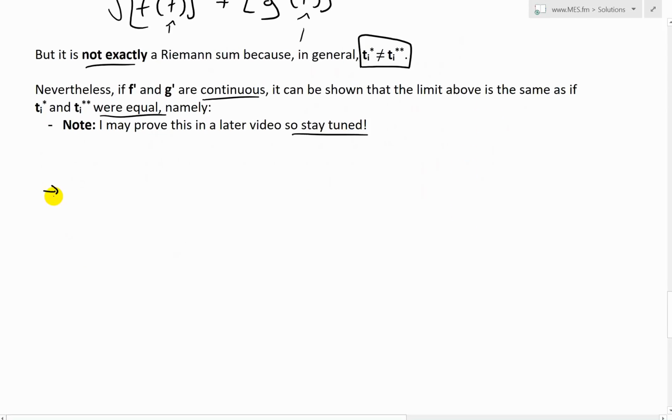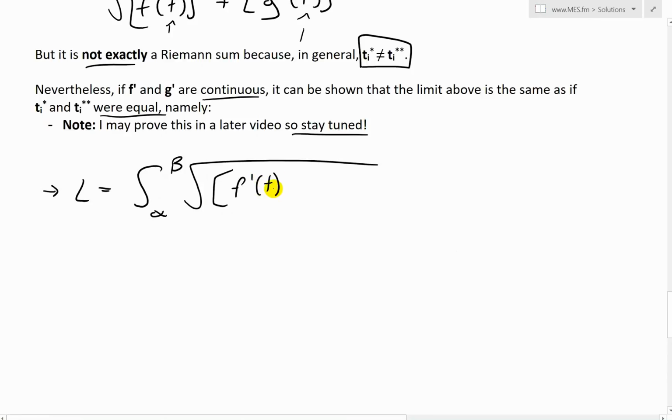L is equal to the integral from alpha to beta, from the left endpoint to the right endpoint in terms of t, of the square root of f prime of t squared. We're assuming it's the same one, and in fact you do get the exact same result even if you don't assume that they're the same. I might show that in a later video.